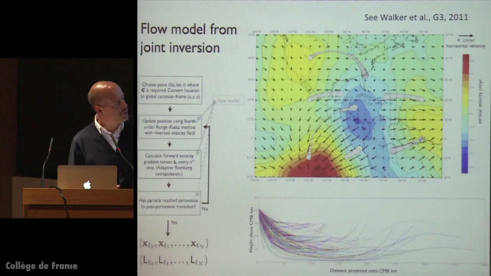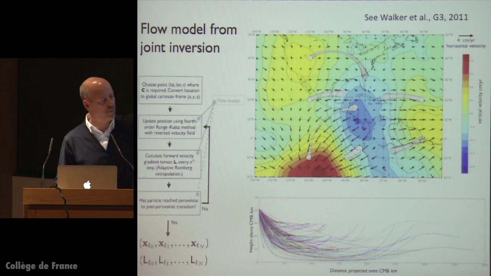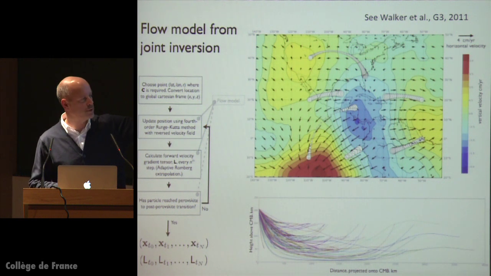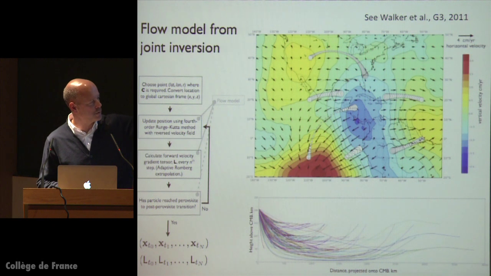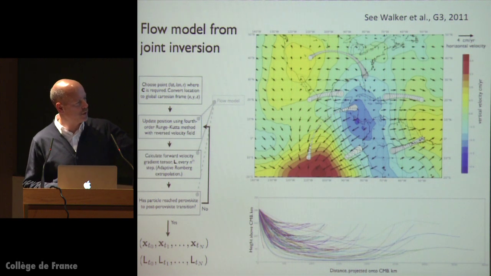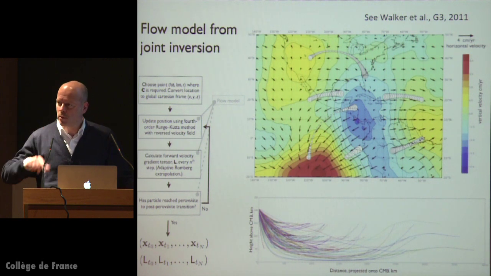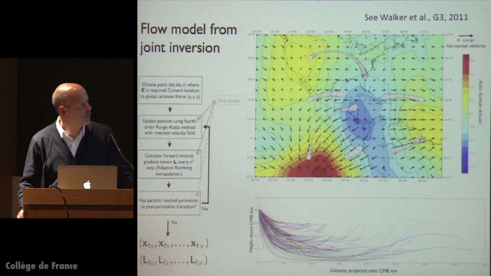On the far right, we start this when we enter the post-perovskite region, and we finish when we leave it. You can see a whole selection. This is just a 2D projection of a whole selection of trajectory paths through the D double prime region.